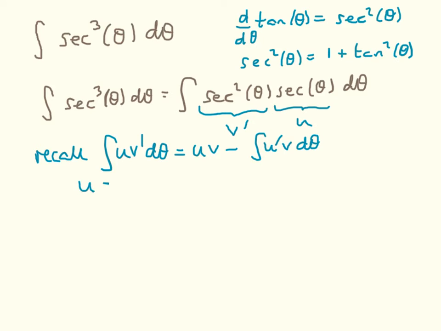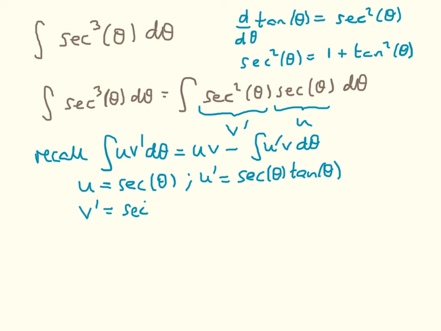U is sec theta, so u prime, the derivative, is sec theta tan theta, which you can calculate from scratch, but it's easier if you know it. And v prime is sec squared theta, which has that very nice integral: the integral of sec squared theta is tan theta, because the derivative of tan theta is sec squared theta.